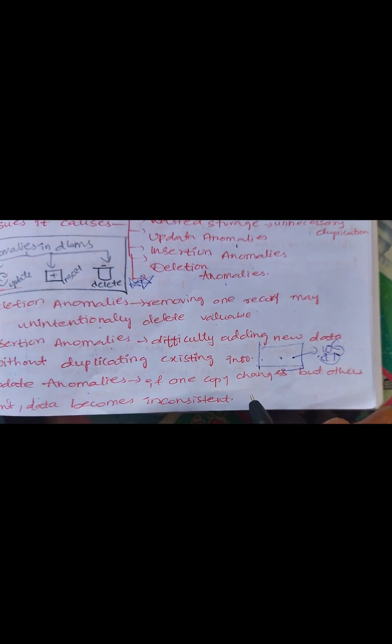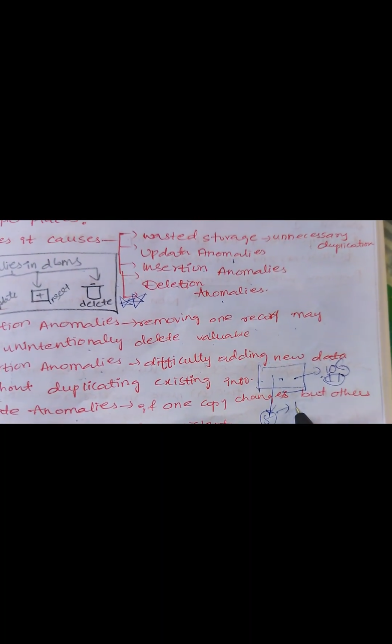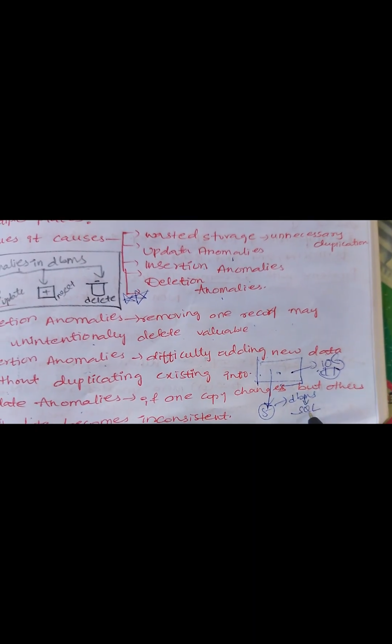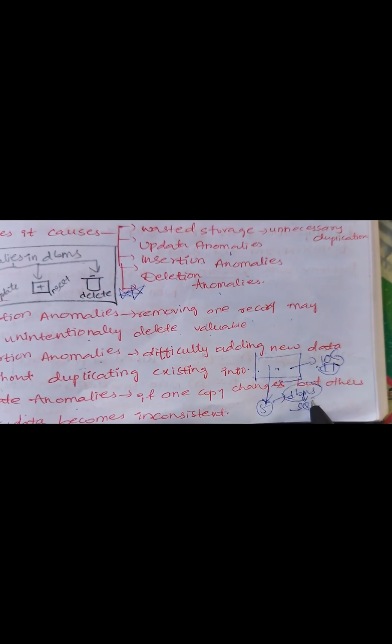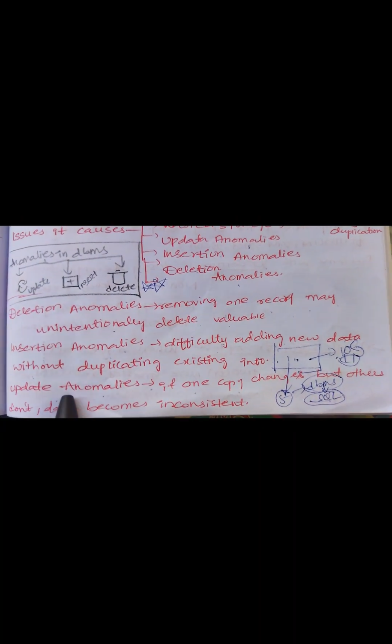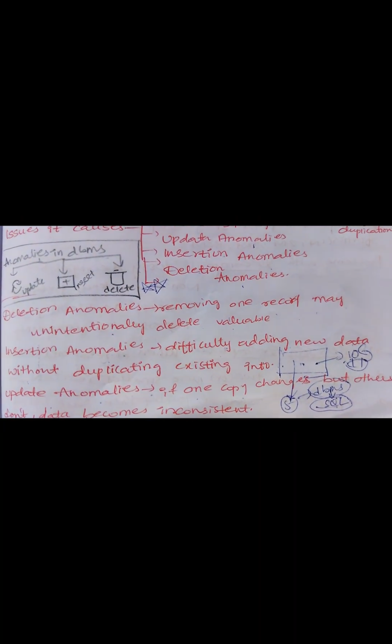Updating anomalies. If in a table the 5th element is the DBMS subject, it should be replaced by the SQL subject. Like updating, this element is removed and replaced by the SQL element. This is a process. Update anomalies are the concept of replacing an element by another element, and it is the process of updating.